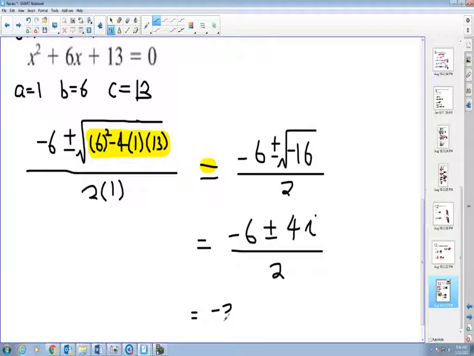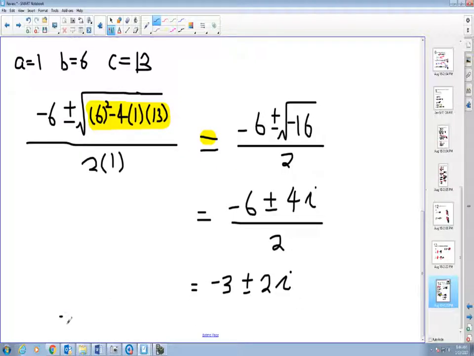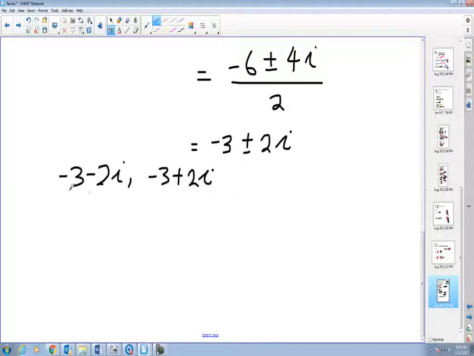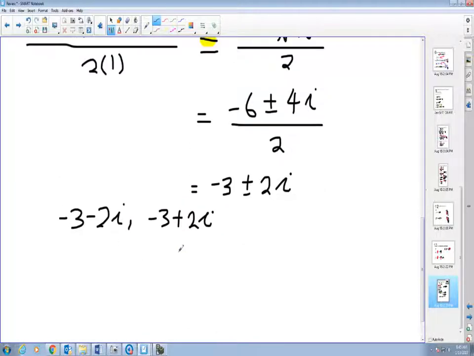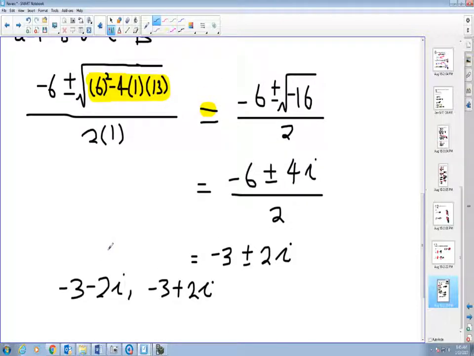So my answer, negative 3 plus minus 2i. So that means my solution is negative 3 minus 2i, comma, negative 3 plus 2i. My answer is in complex number form, a plus bi form. I get 2 answers. So my answers are complex numbers, or most students call it imaginary.